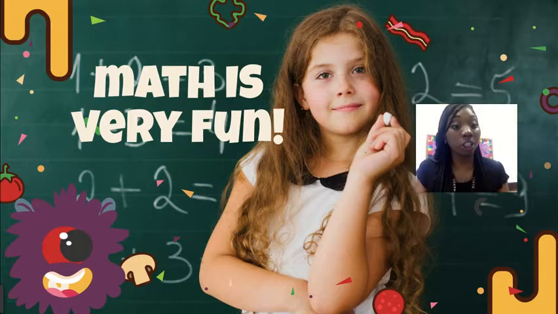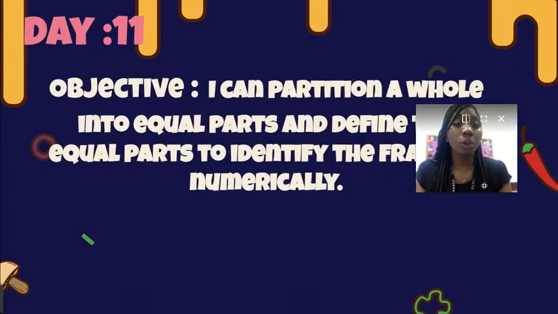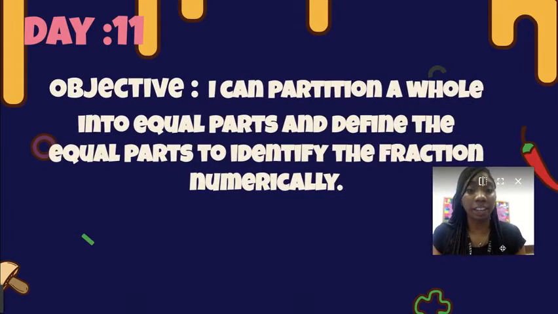And every time we learn these little strategies and tricks, it only helps us become more fluent in our math facts. So now that we've practiced our fluency, are you ready to dive into our objective for today? Great. Let's go back and look at our objective. So we know that today our objective is I can partition a whole into equal parts and define the equal parts to identify the fraction numerically.